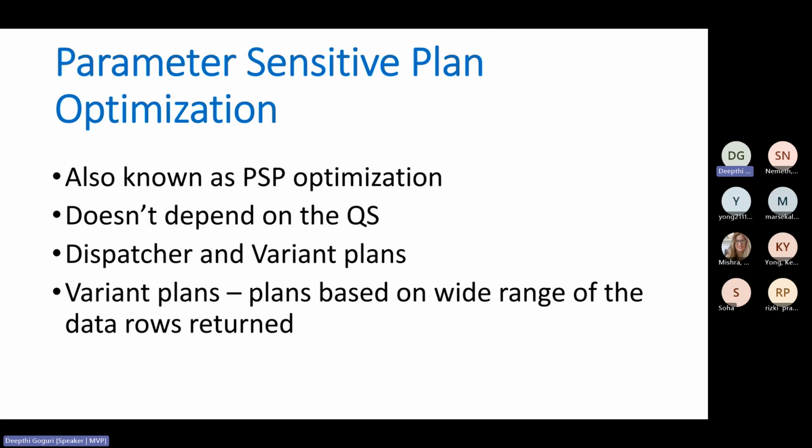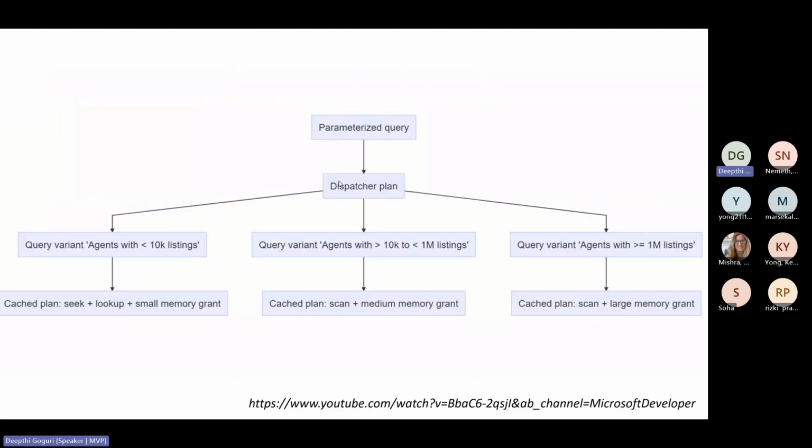So how does parameter sensitive plan optimization do this? Because we know that it is not using the query store, but what is the method behind this, right? There is something known as the dispatcher and the variant plans. Let's say we are running a parameter sensitive query with a parameter.